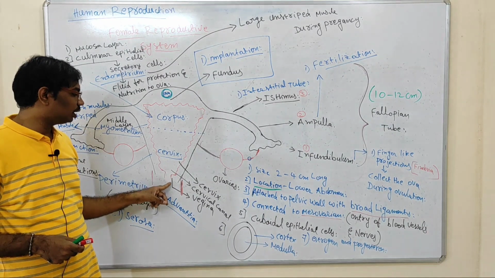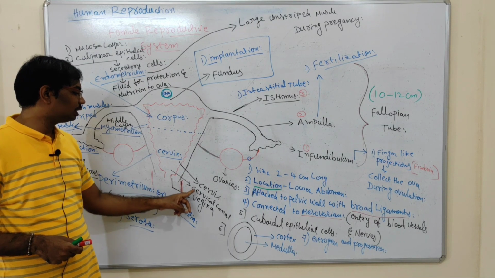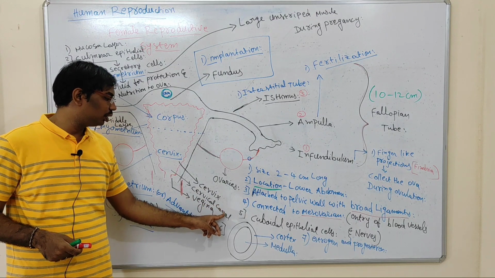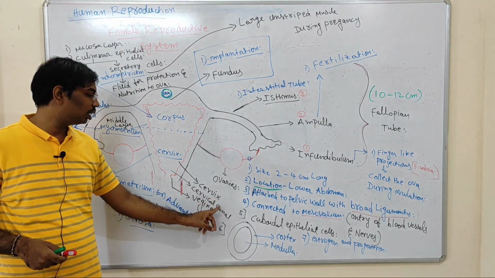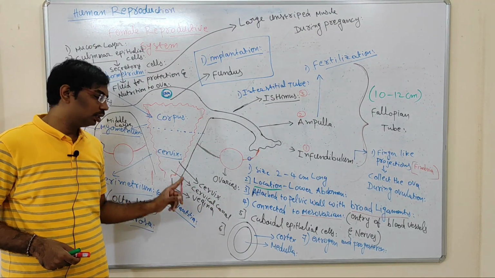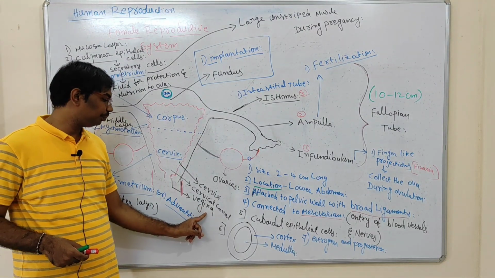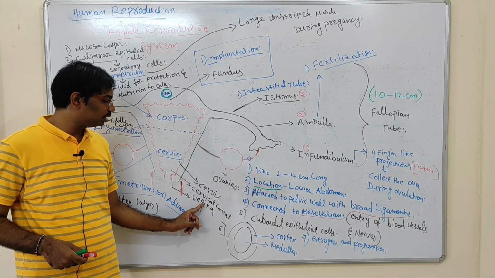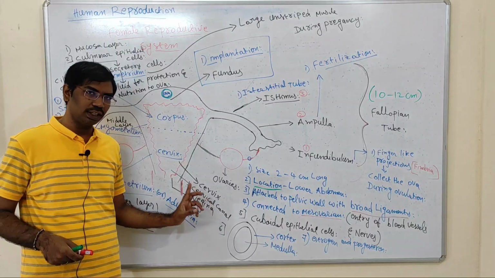Beneath the cervix is the narrowest region of the cervix, called the cervical canal. The cervical canal opens into the vagina, which lies below the cervix.